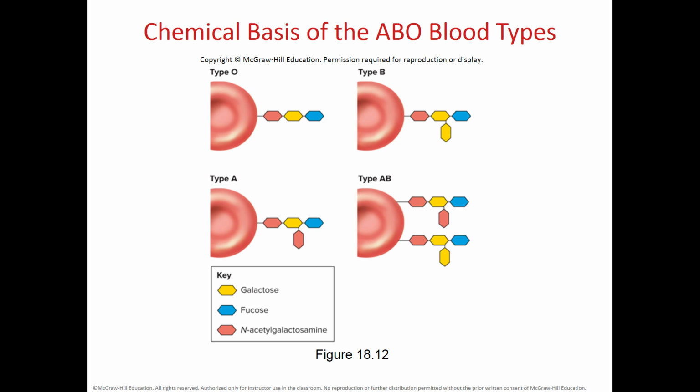And type AB blood will have this A-type antigen, which you can see here, and it has this B antigen that you can see here. So this is type A, type B, and type AB.